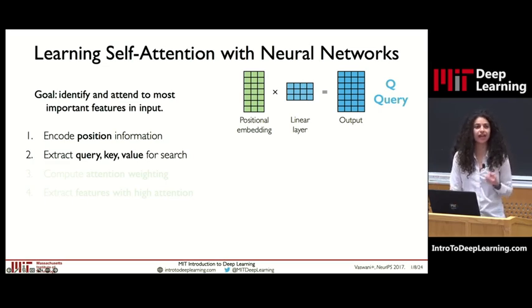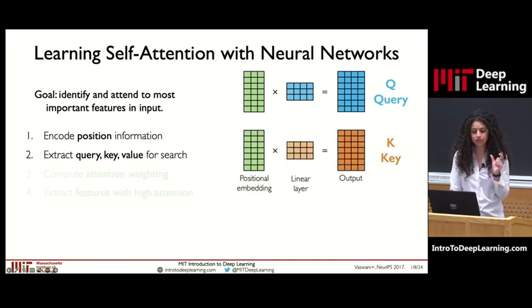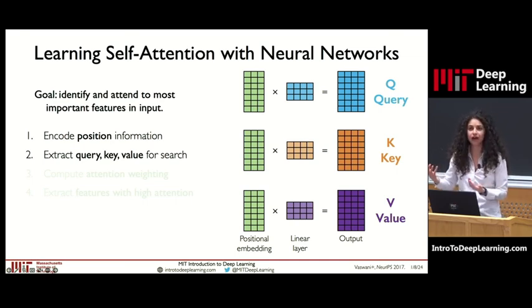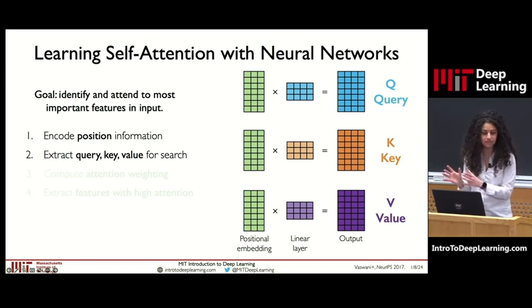In attention and in transformers, that same positional embedding is replicated three times across three separate neural network linear layers that are used to compute the query, the key, and the value. These are three sets of matrices.